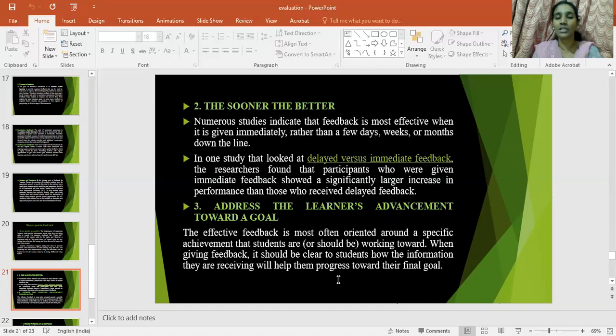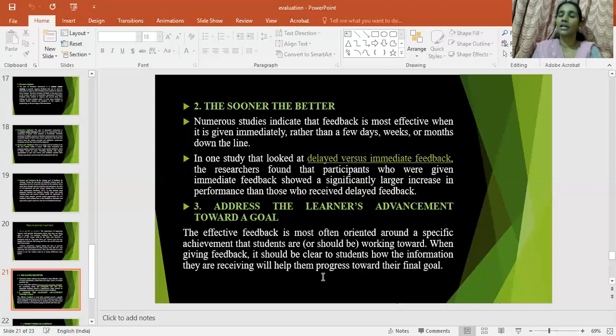So here it is the responsibility of a teacher to evaluate on the basis of that only. That is what goal-oriented feedback is. And it should be clear to the students how the information they are receiving will help them progress toward their final goal.